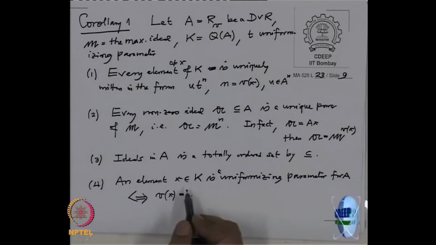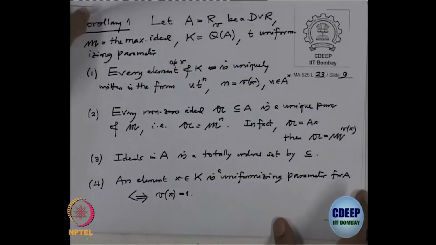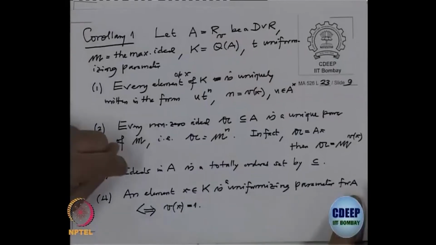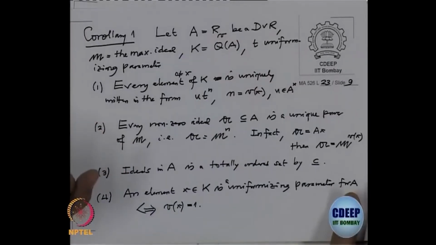If it is not a generator, it will be in M squared and so on. Okay, so this corollary is a summary of the implications we have done in the earlier theorem, but it is nice to memorize things. Most important is that the set of ideals is a totally ordered set.